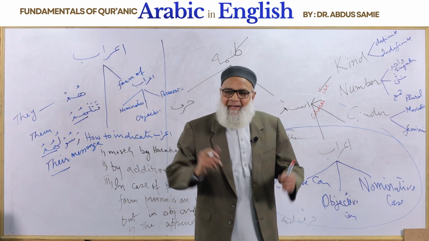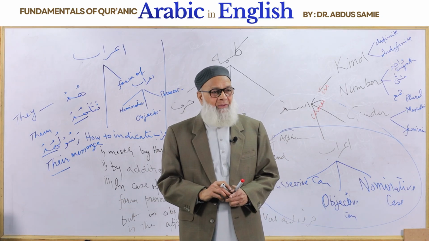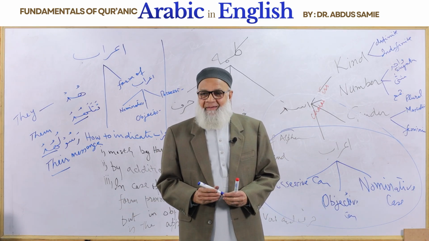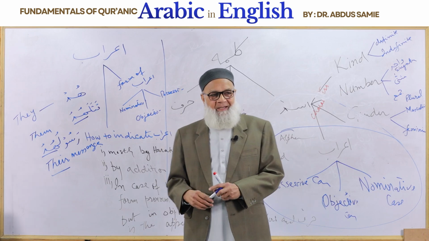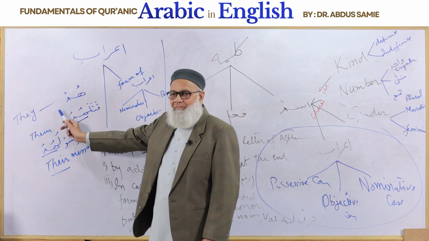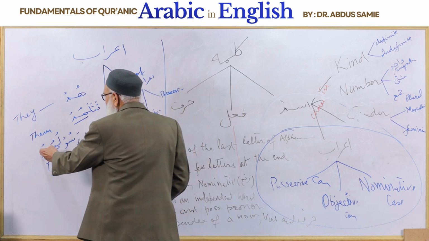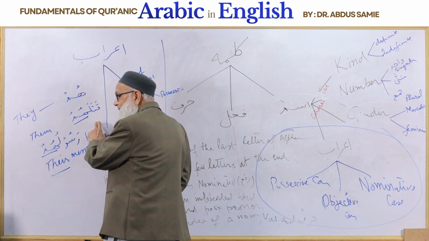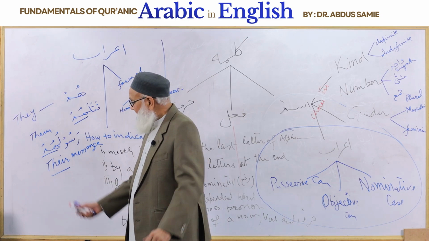So when it is an independent word, not attached to any other word, noun, verb or harf, it is nominative form. Hum, they. But in these two cases, here it is them because it is attached to a verb and the victim of the verb is objective case.